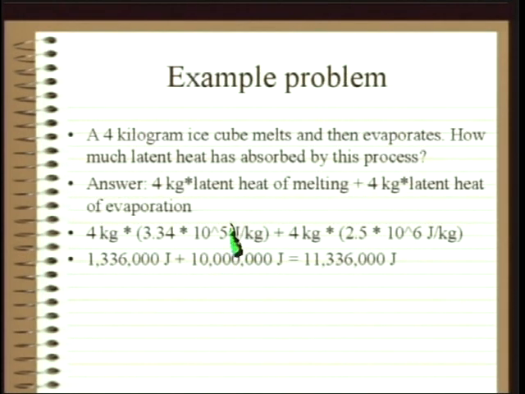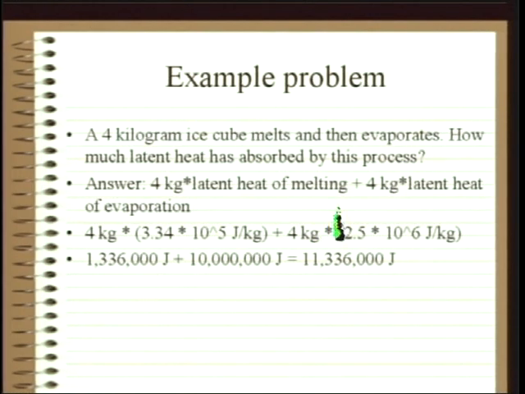So for our answer, we take our mass, which is the 4 kilograms, and multiply that by the latent heat of melting. Then once it melts, we take that mass, 4 kilograms, and multiply it by the latent heat of evaporation.